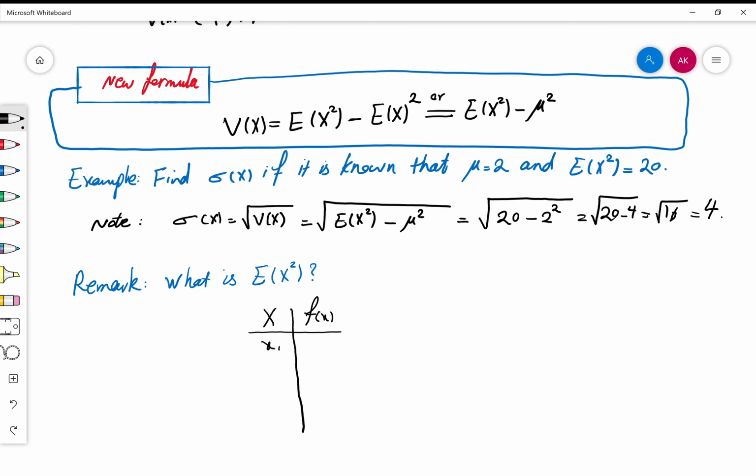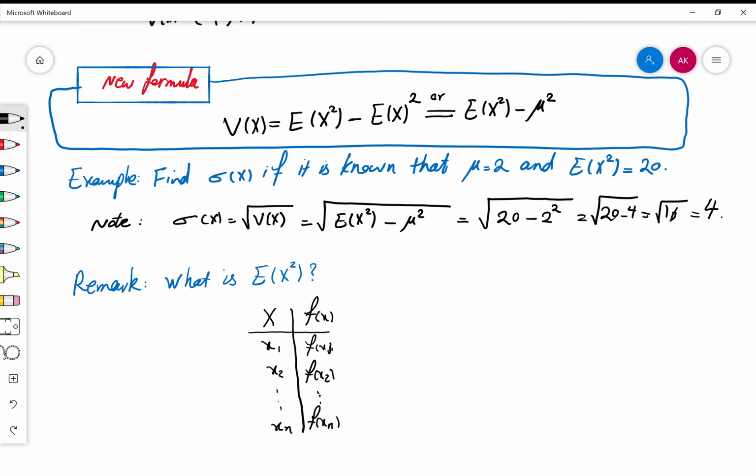So you have x1, x2, and up to xn, and then f of x1, f of x2, and going down up to f of xn.